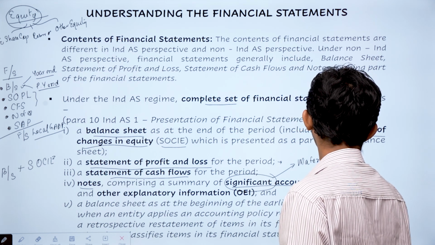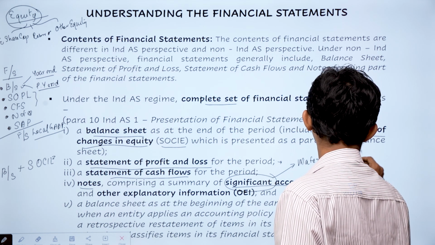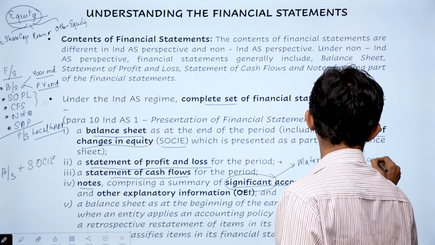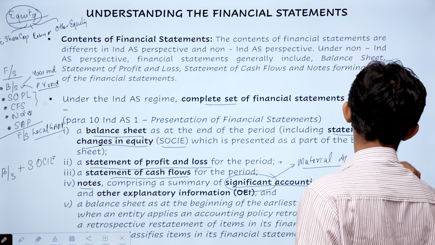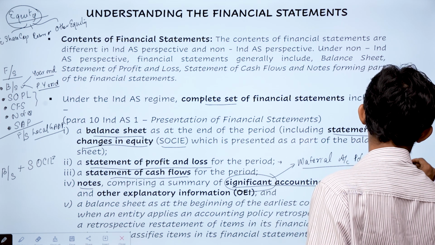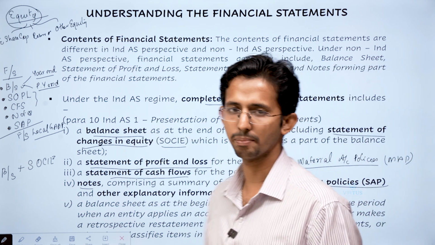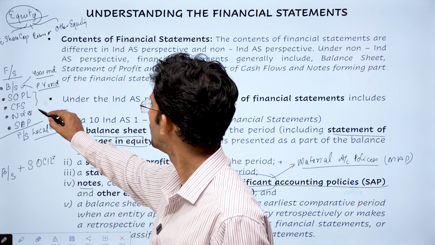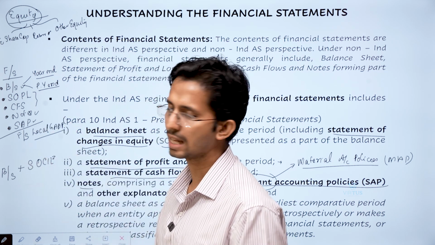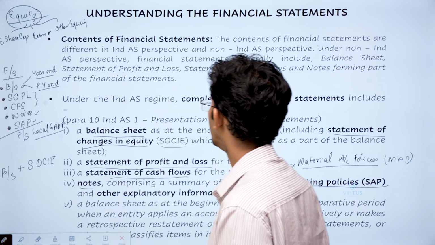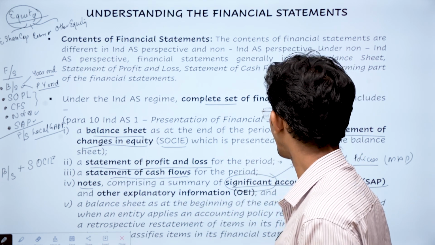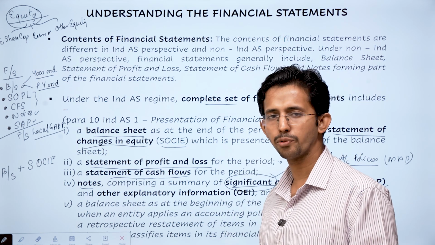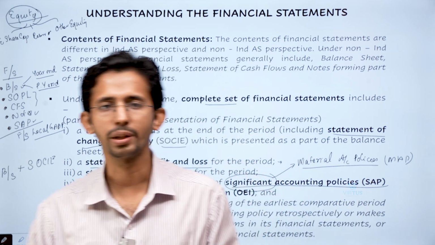So it is not significant accounting policies now, it is material accounting policies or MAPs. SAP has become MAP in the Ind AS regime. So you have the notes and the MAP, material accounting policies, and also other explanatory information. Other explanatory information means other disclosures which we have to give.